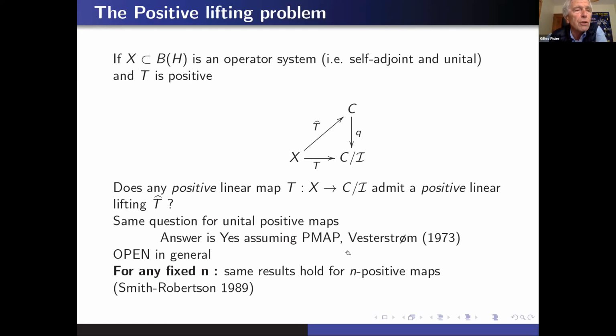Assuming the positive metric approximation property, this is true. So if you have positive finite rank maps that approximate the identity pointwise, let's say on X, then this is true. You could have the assumption on T, same setting. If you fix n, the same results hold for n-positive maps. But what is known is that it is not true for completely positive maps. Completely positive liftings are a whole subject with an extensive literature. This is understood, and it's related to nuclearity.